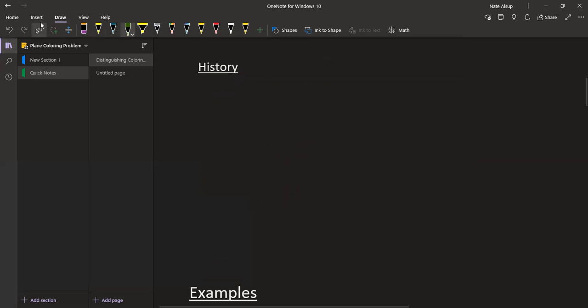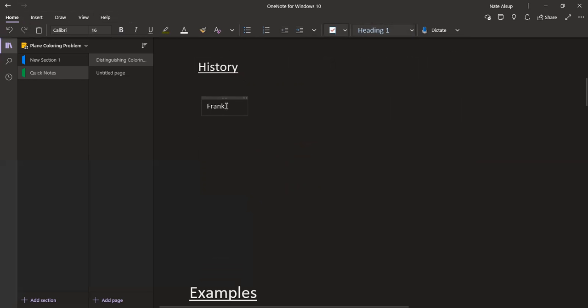All right. Now going down to the history, basically this problem started off with someone called Frank Rubin. And instead of what the definition or the goal said, he translated the problem into keys and a loose string.